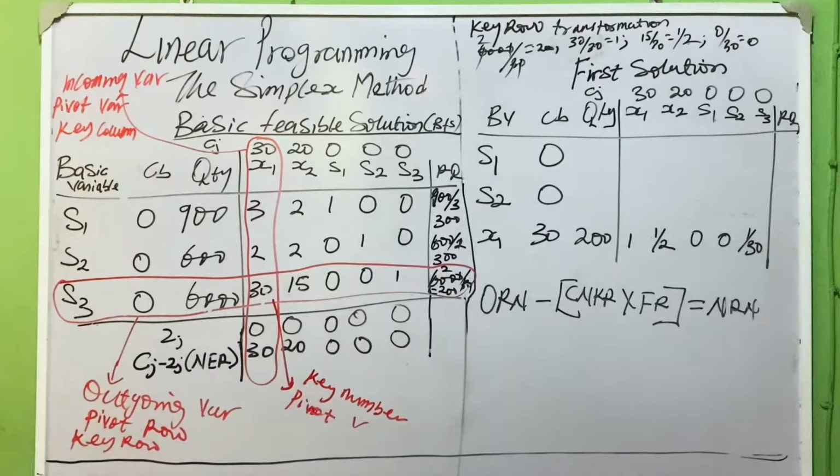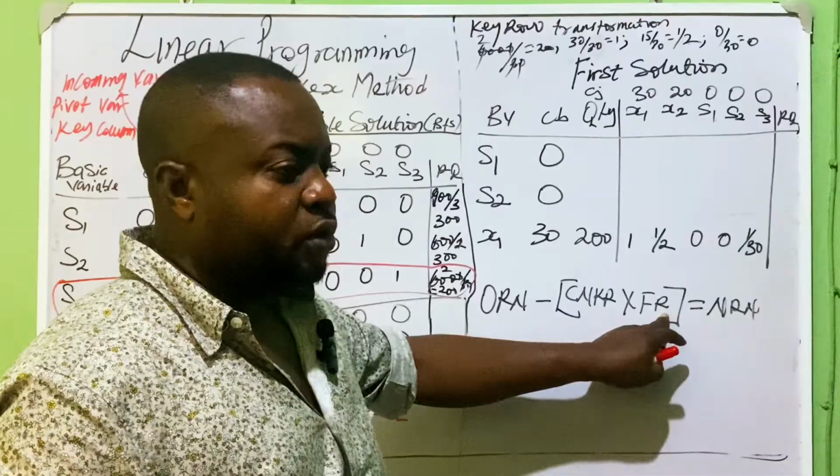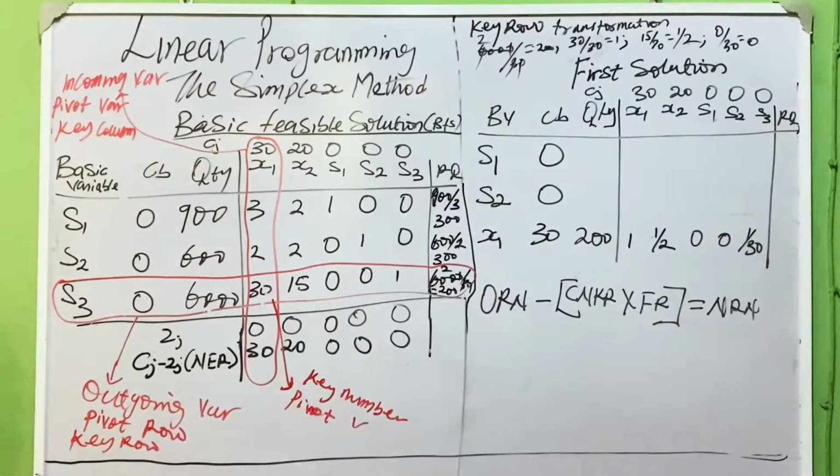So the first thing we do when we want to transform non-key rows will be to determine our fixed ratio, the ratio of exchange. Very simple.